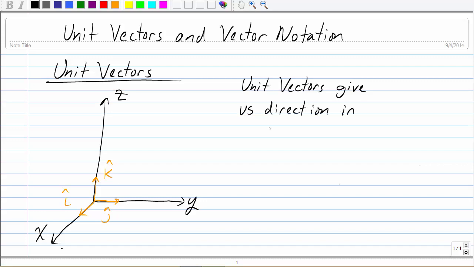Unit vectors give us direction in the x, y, and z axes. Here's an example.